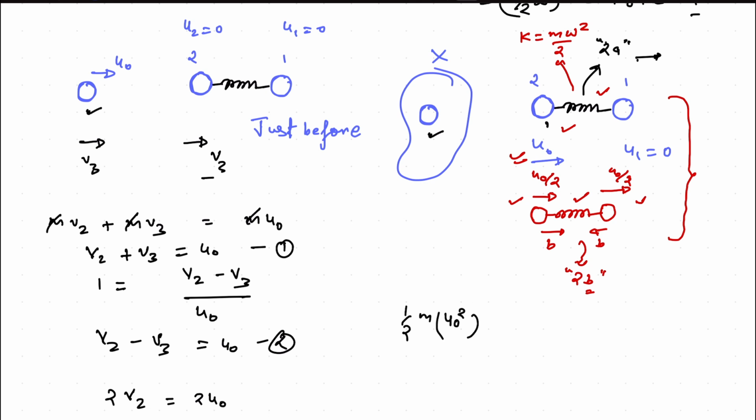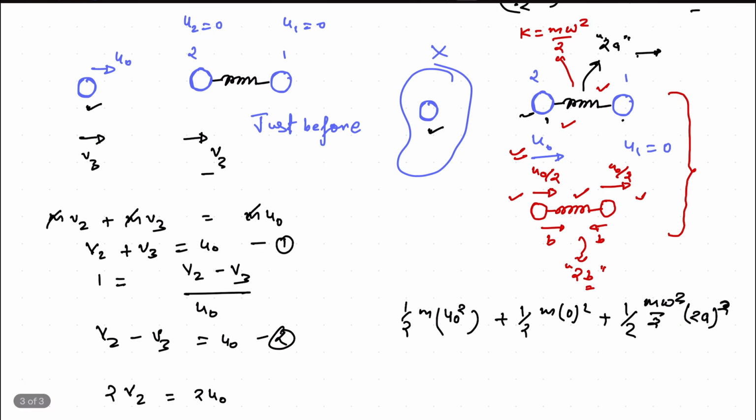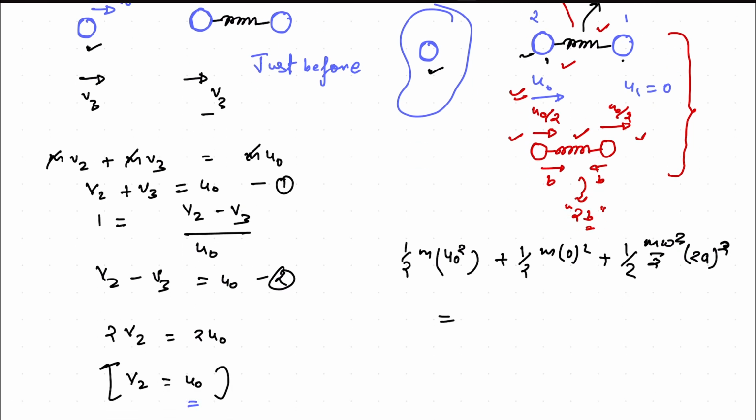This is the kinetic energy of this particle. This particle's kinetic energy is 0, so that is half m 0 square plus the potential energy, half k, where k is m omega square divided by 2. And what is the total compression? 2a in this position, so half k x square with x equal to 2a, is equal to the kinetic energy.